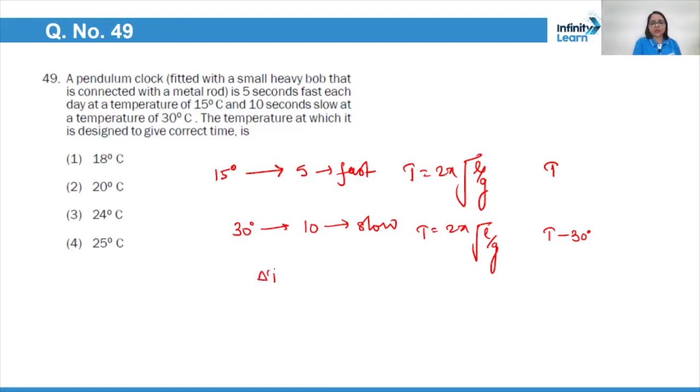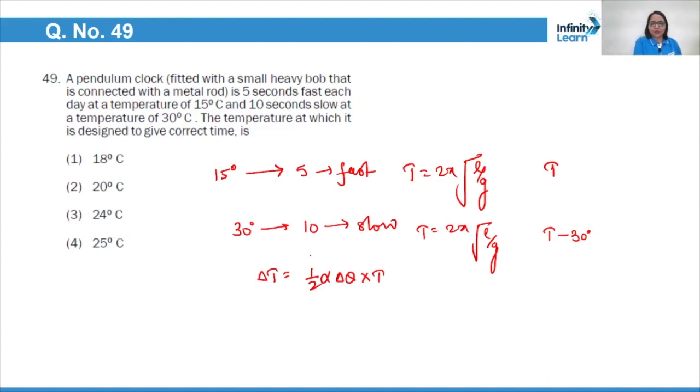So time lost or gained in one day is given as half alpha delta theta into t, that is the time period of one day, that is 24 hours, right?